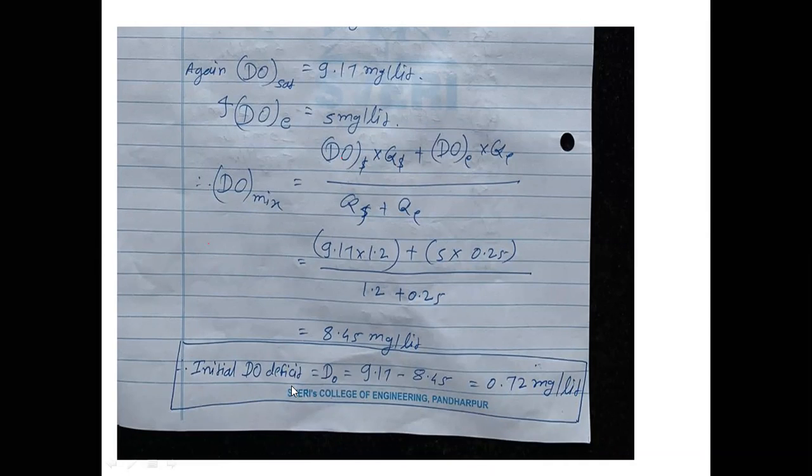That formula we discussed in the earlier lecture: dissolved oxygen deficit is equal to the saturated level of dissolved oxygen minus the actual level of dissolved oxygen. The actual level is 8.45 and the saturated level is 9.17, so the deficit will be 0.72 milligram per liter.